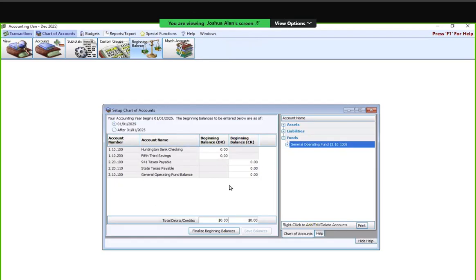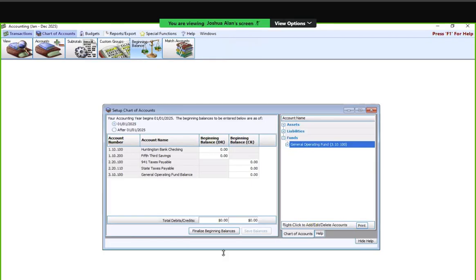These are my balance sheet accounts, essentially, assets, liabilities, and funds, okay? They have to be balanced. At some point here later in 2025, I will finalize those, okay? Doesn't have to be today, tomorrow, next week. It just has to be before I want to open 2026.